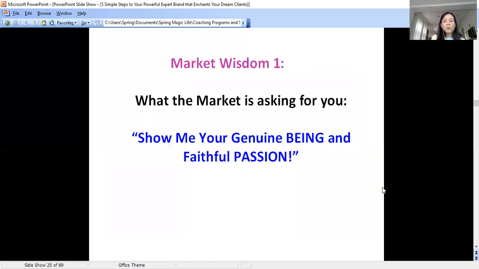So what is the market wisdom we are learning from here? What is the market asking of you? The number one wisdom is: show me your genuine being and your faithful passion. Your genuine being, who you truly are. You need to really understand who you are. Then you can really share that genuine being with other people.